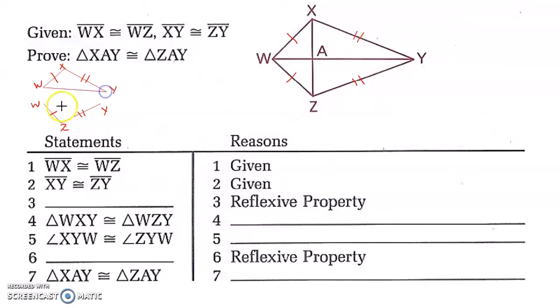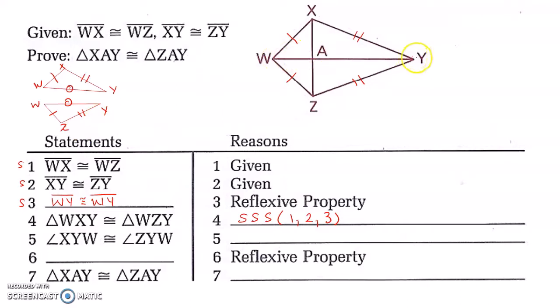And then WY is congruent to WY by the reflexive property. And I always want to make sure that I'm using the correct notation. So then that makes triangle WXY congruent to WZY by side, side, side. My first side is in line 1, my second side is in line 2, and my third side is in line 3. And I've marked my diagram as best I can.